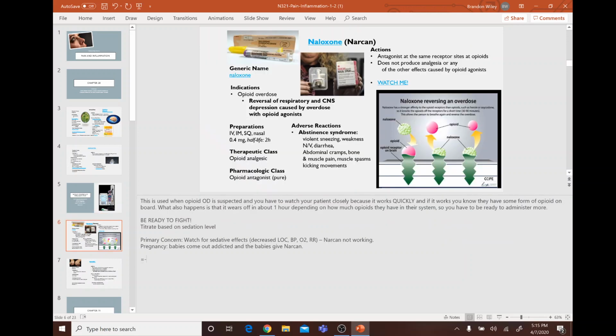All right. Naloxone or Narcan. What is it used for? Opioid overdose, reversal of respiratory and CNS depression caused by overdose with opioid agonists. What are the actions of naloxone?